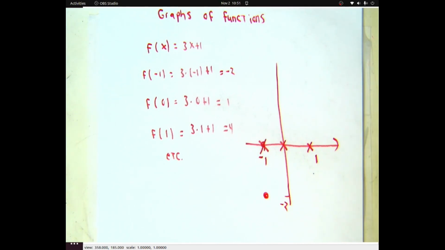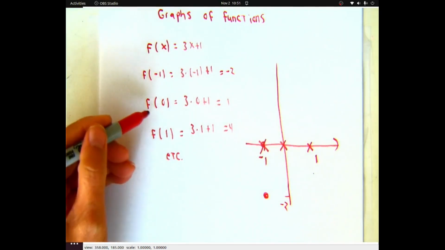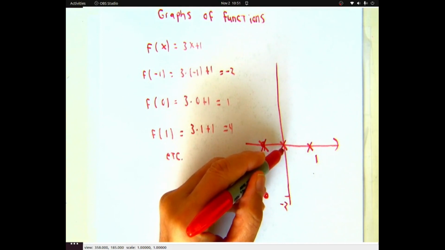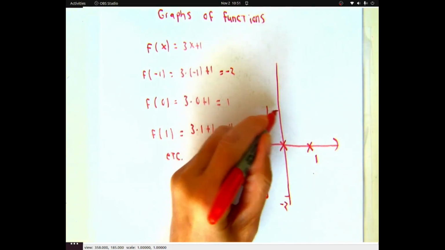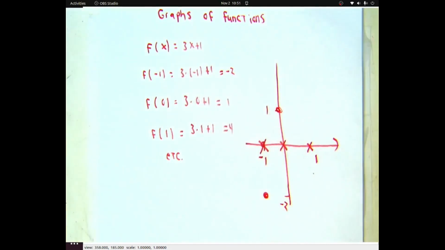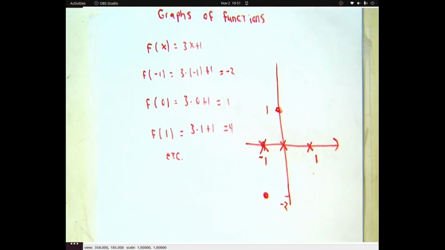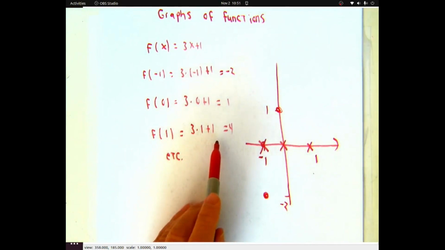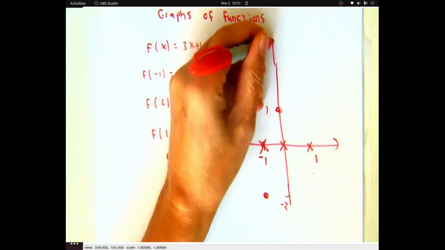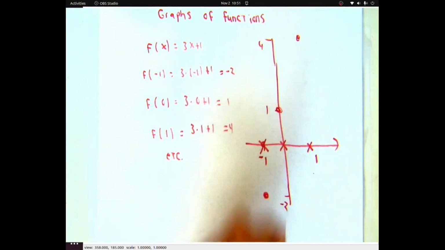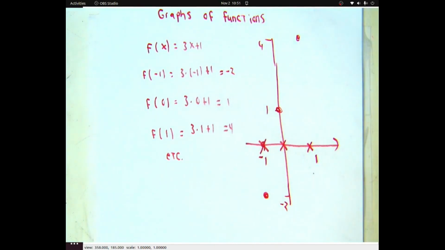When x is 0, the answer that I got out of this was 1. So on my graph, when x is 0, the y will be 1. And when x is 1, the y coordinate on the graph will be 4. These are 3 points on the graph of the function.